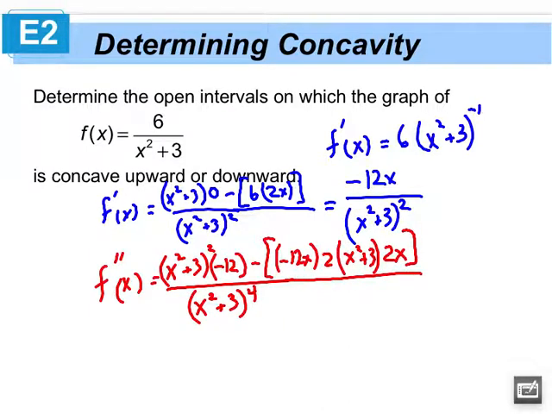Real long fraction bar for that one. Not going to have enough room. Take one out of there. Negative 12. All right, hold on. Continued on next line.